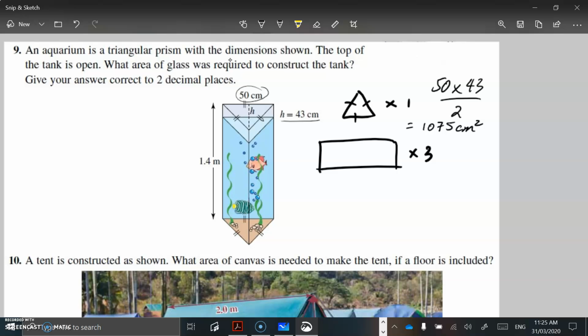Now we're looking at the walls of this aquarium, so these rectangular sides, and we can see that this side is 1.4 meters and this side is going to be 43 centimeters. Before we move on, we already know that an area of a rectangle is just length times width. The length, we could say 1.4 meters. The width is 43 centimeters.